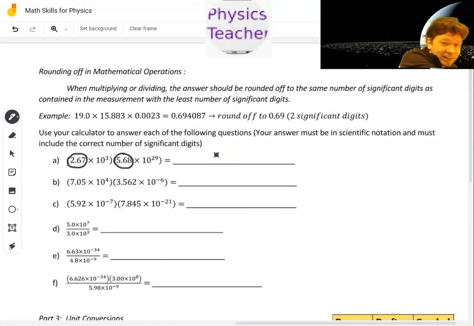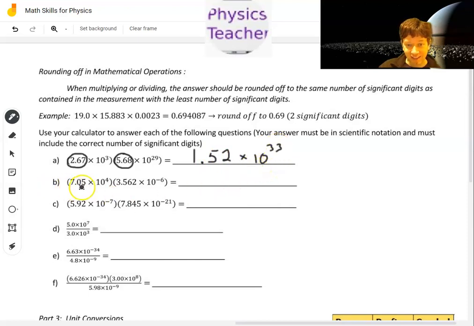So if I just took a calculator and I did 2.67 times 10 to the 3 multiplied by 5.68 times 10 to the 29, well, my calculator says 1.51656. That's way too many. I don't need that many. I can only have 3. So I have to round off to 3, which would be 1.52 times 10 to the 33.